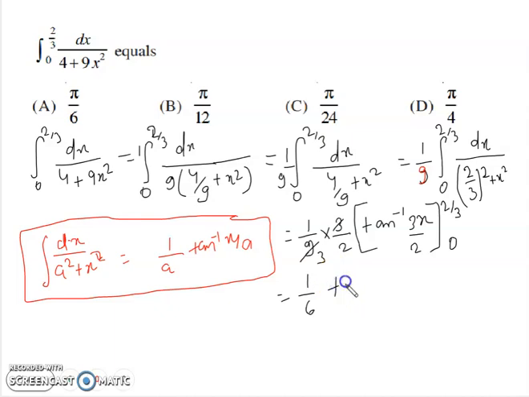So after putting in, we can write tan inverse of 3 by 2 into 2 by 3, okay, minus tan inverse 0. After putting 0 it will become 0, okay, tan inverse 0, right.